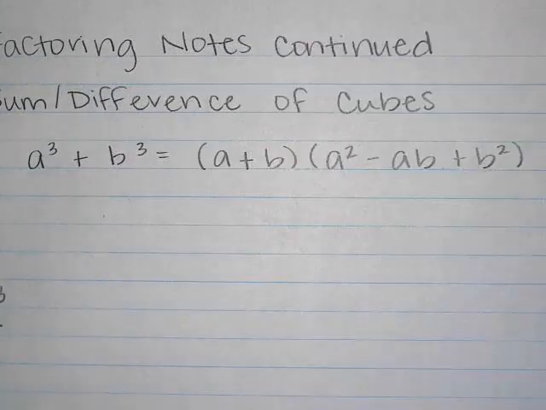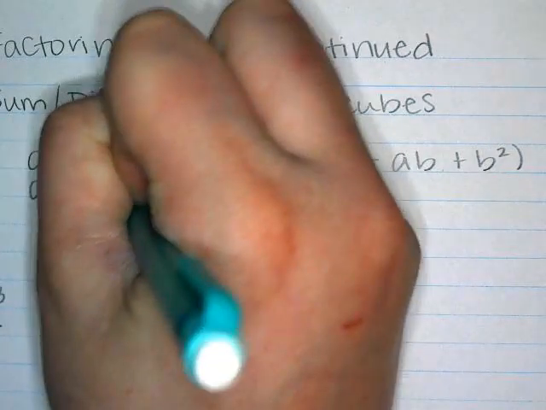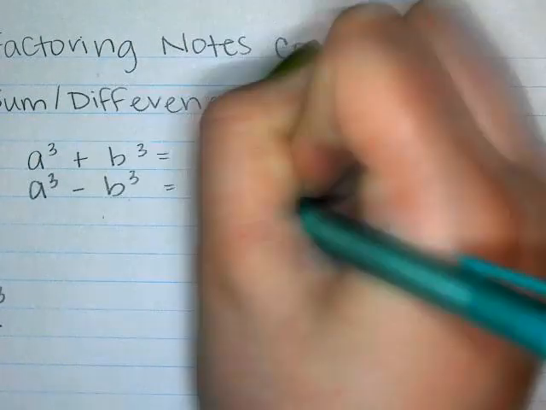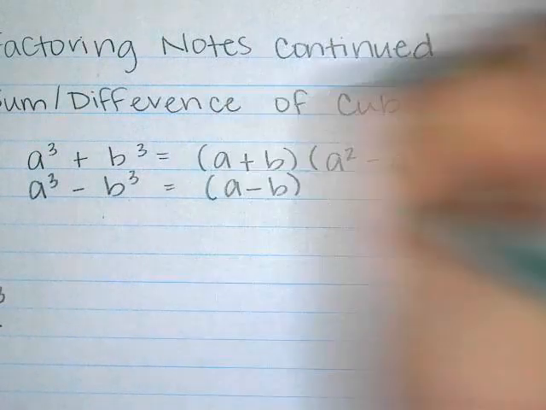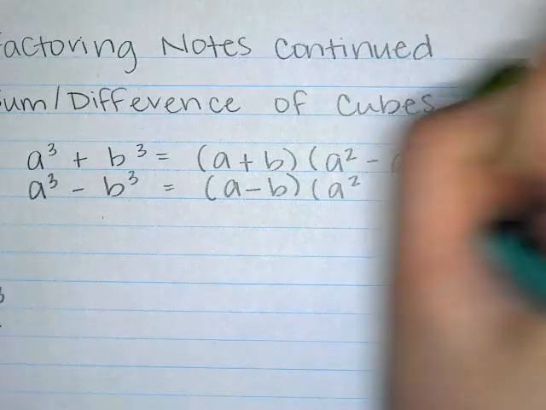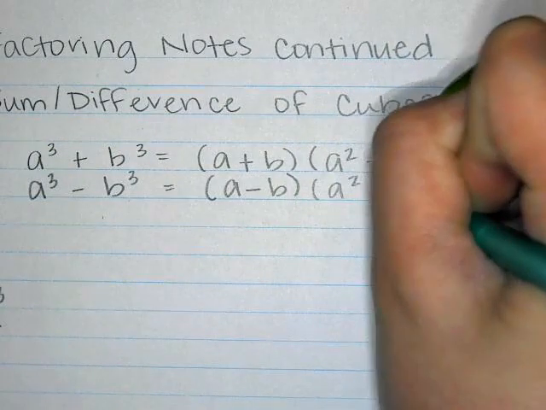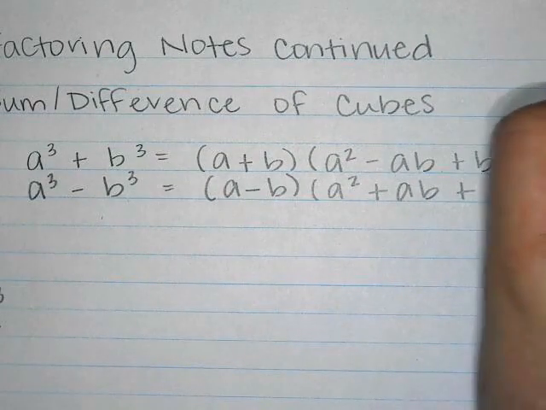So that's sum of cubes. Difference of cubes is very similar. So it's the first term minus the second term, and then the first term squared plus the first term times the second term plus the second term squared.